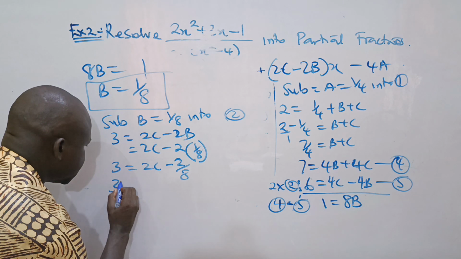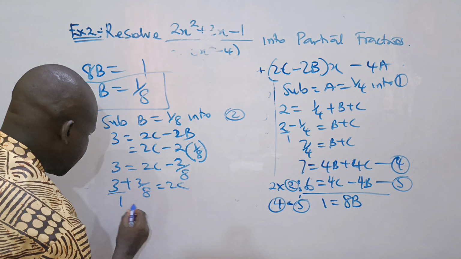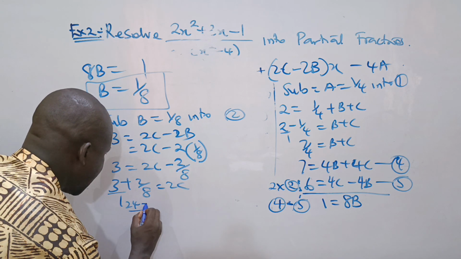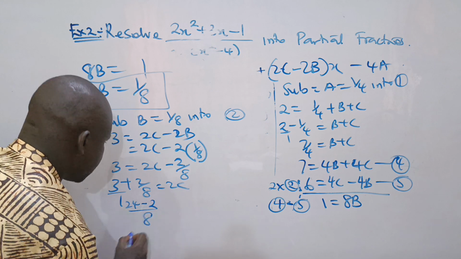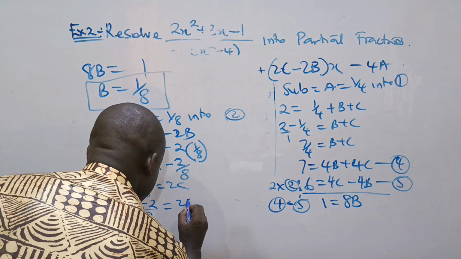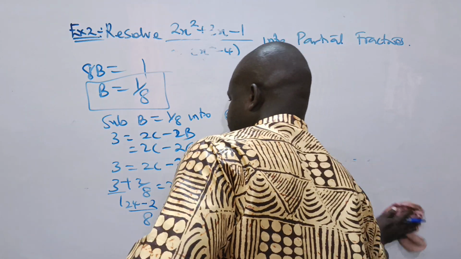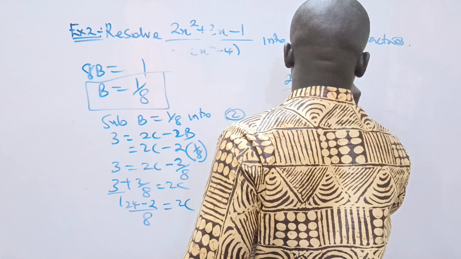This can come down: 3 plus 2 all over 8 equal to 2c. If we find the LCM, this is 8, and here I'm going to have 24 minus 2 equal to 2c. So from there, we have 22 all over 8 is equal to 2c.